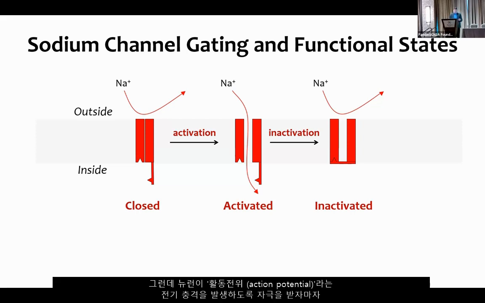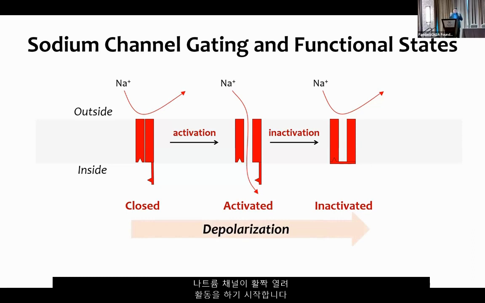But then, as soon as the neuron is stimulated to fire an electrical impulse called an action potential, sodium channels pop open and go into action. In fact, these are the major drivers of action potentials in neurons. They don't stay open very long. They shut down very quickly in what's called inactivation, and then they'll stay closed in that state until the membrane recycles until it resets itself.